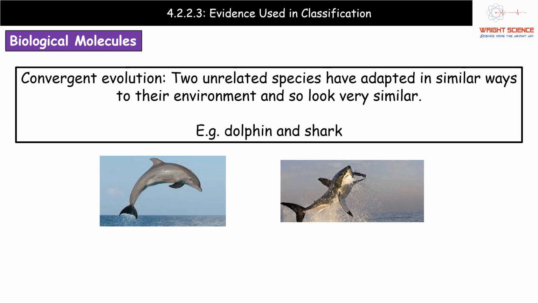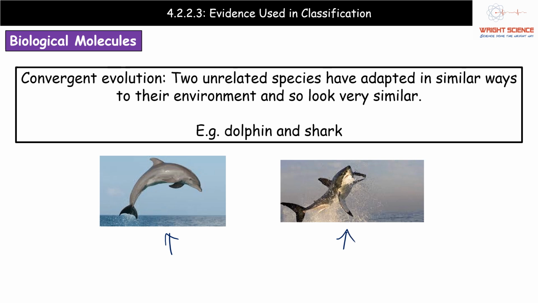First thing then, we need to understand a process that can happen when organisms are evolving. And this is a process we refer to as convergent evolution. So what we have at the bottom are 2 pictures of 2 organisms. So we have a dolphin on the left and the great white shark on the right.